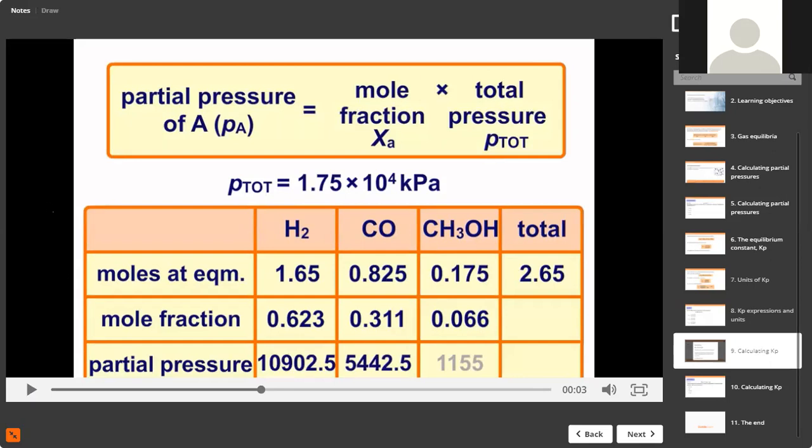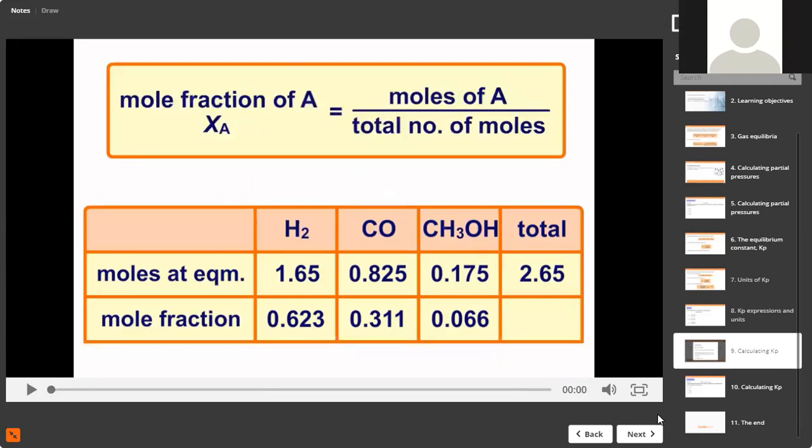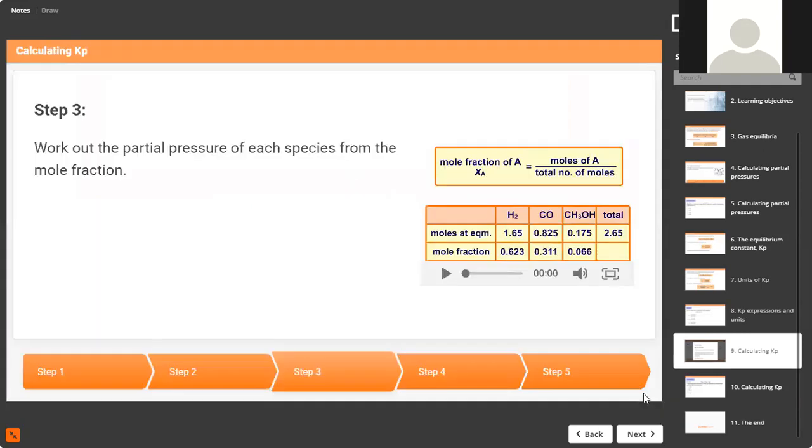For carbon monoxide, it's 5,442.5, and CH3OH is 1,155. And our total obviously is still going to remain the same at this point. We don't need to do anything with our totals there. So that's our partial pressures. That's the last stage before we can input it to calculate. So we've worked out number of moles at equilibrium, our mole fraction, and then our partial pressure.